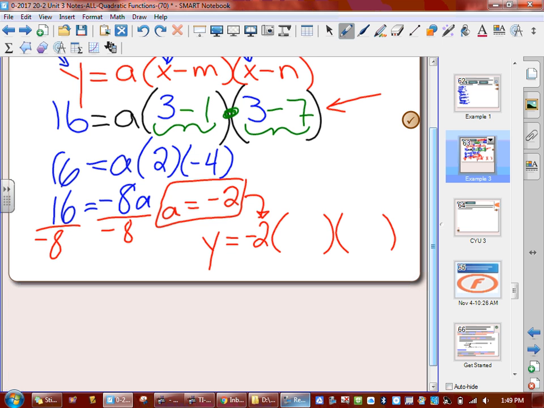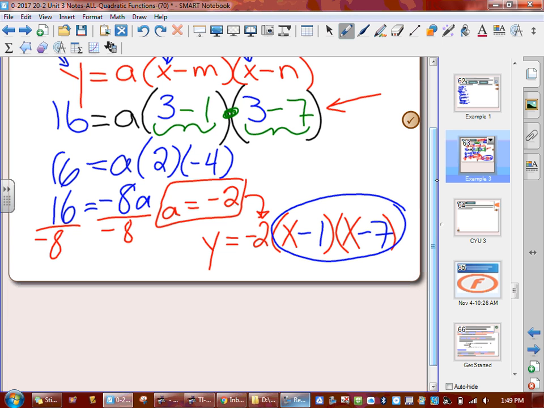Negative 1 and negative 7. That's my equation, but that's the factored form. It said write the general form. All it wants for general form is for us to FOIL this, get our answer, and then multiply everything by the negative 2. Okay? You multiply everything by the negative 2 last.